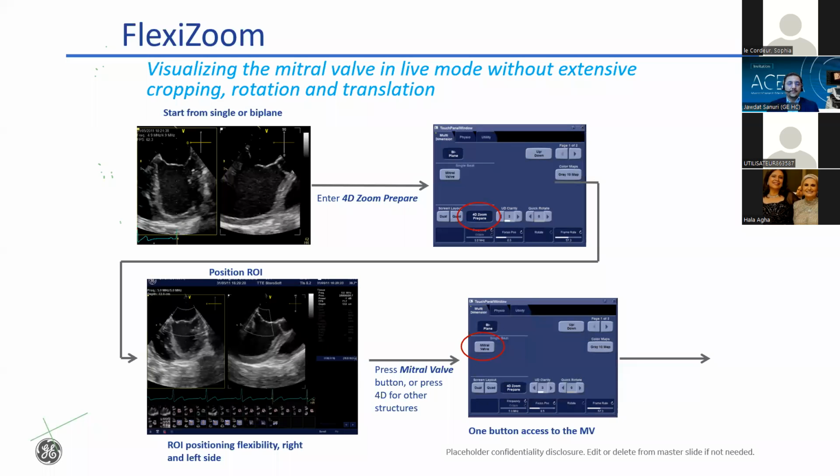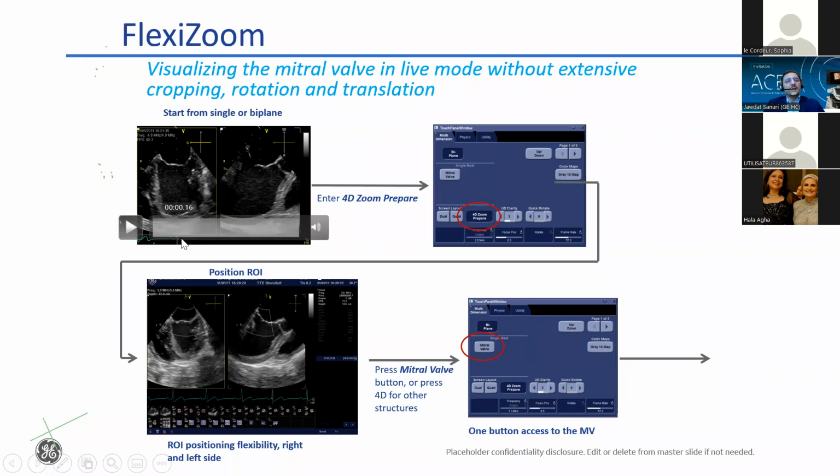Because it's already a cropped and smaller zoomed area, you automatically have the optimal voxel resolution as well as frame rate. So you have the spatial resolution as well as the ideal temporal resolution.